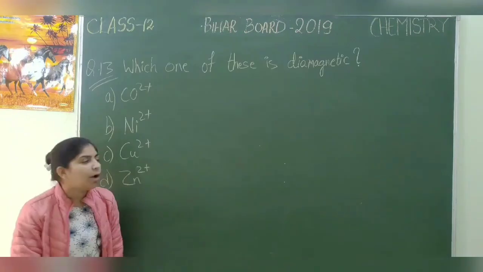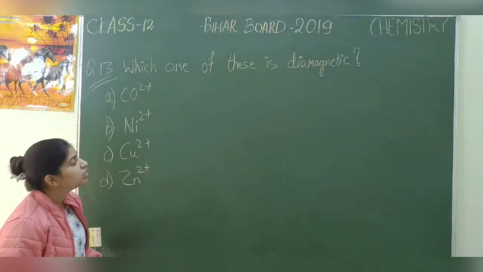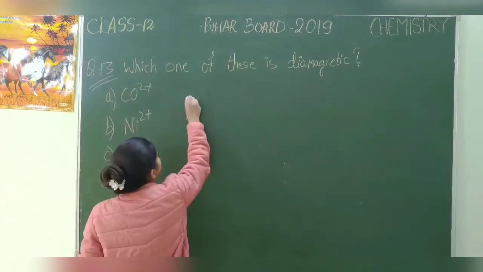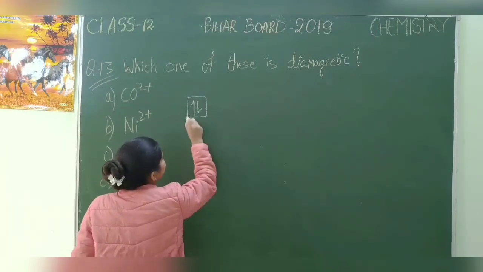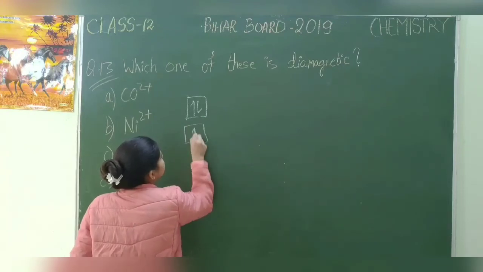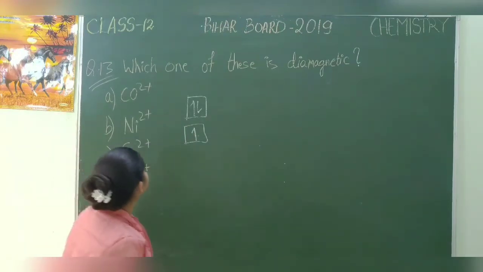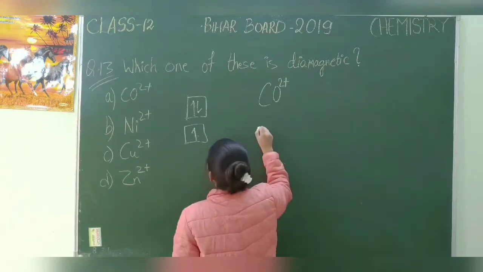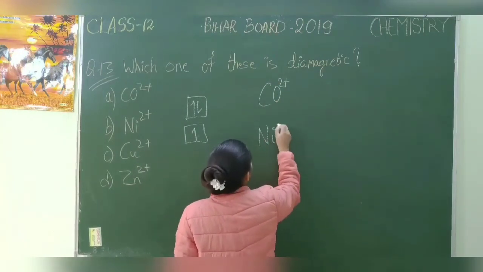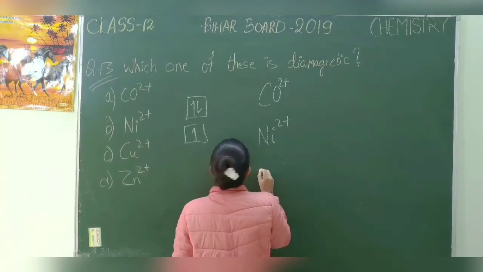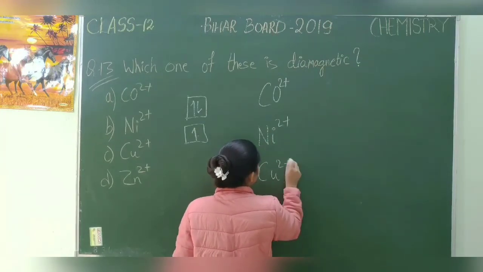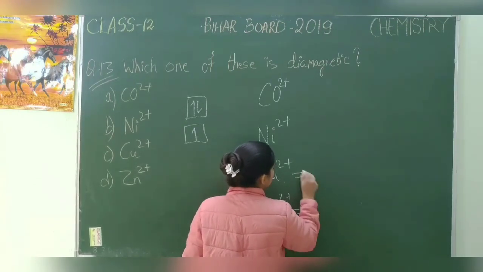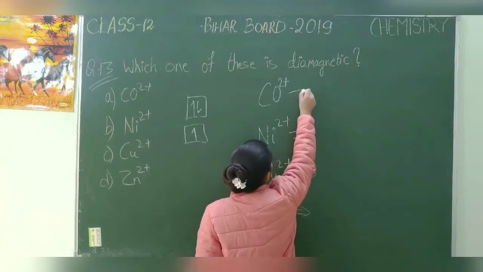Now come to next question, that is which one of these is diamagnetic. As we know that this is diamagnetic and this is paramagnetic. So let us discuss the electronic configuration for Co2+, Ni2+, Cu2+ and Zn2+, that is cobalt, nickel, copper, zinc.